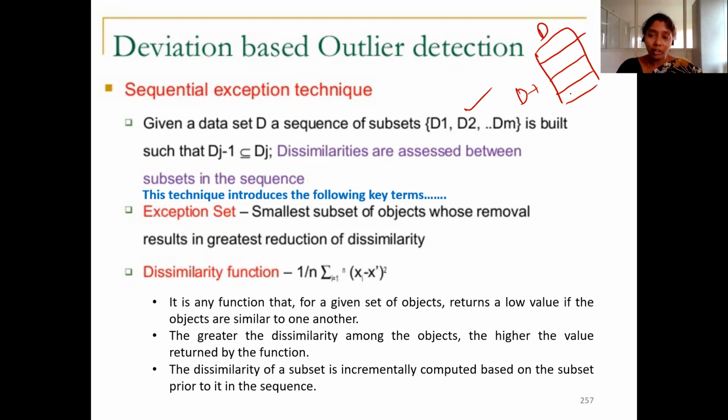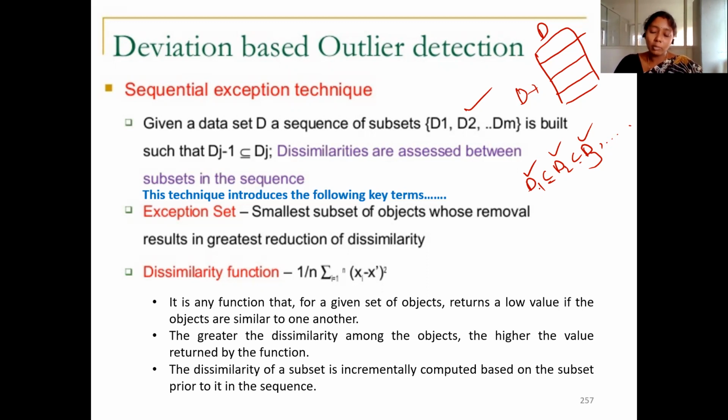But here we are not dividing the data set, we are deriving the subsets, in the sense we are having some subsets D1, D2, D3 like this, such that D1 is a subset of D2, D2 is a subset of D3, and so on. That means D2 consists of all elements in D1 and some extra elements.